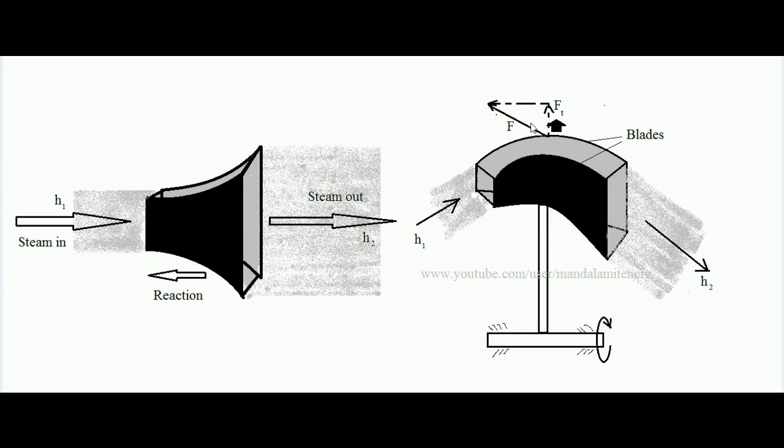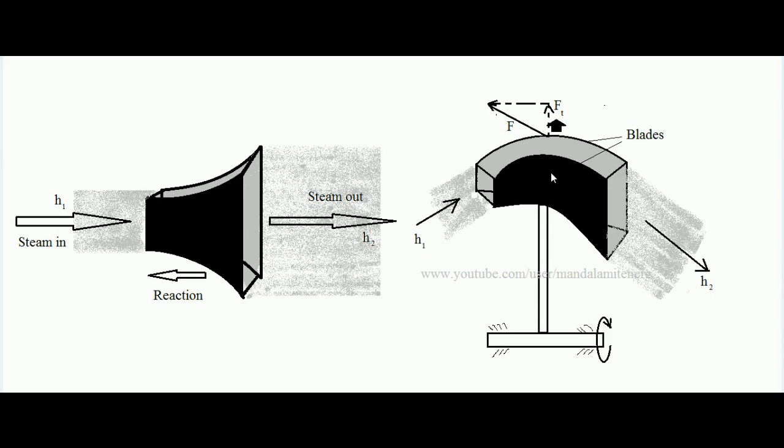So this reaction force has two components. Out of that, one component is going inside the screen to push this entire nozzle inside the screen, so it will rotate the shaft in corresponding direction. Got it? So a force is developed on this nozzle which makes the shaft rotate in corresponding direction.